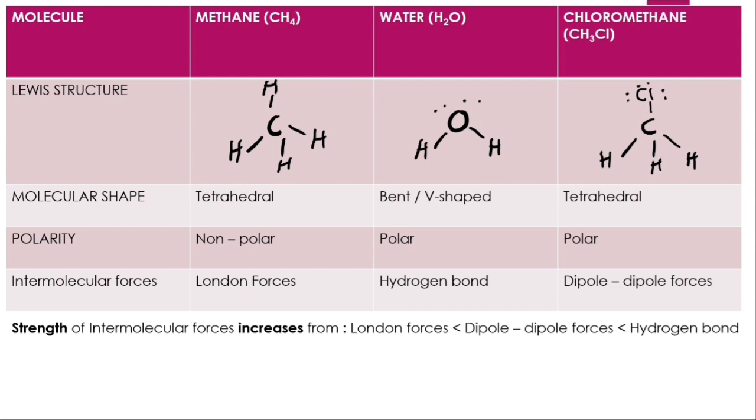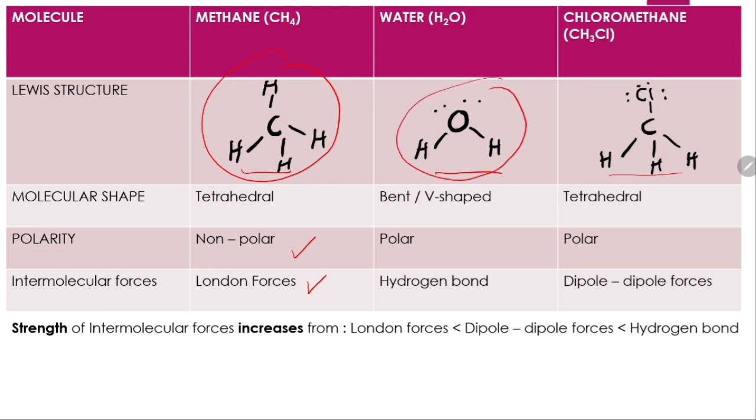Okay, so let's give another example between methane, water, and chloromethane. All of these are 4 electron group compounds. But methane is a non-polar molecule, so it has London forces.